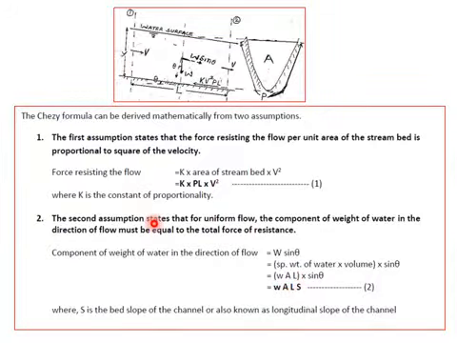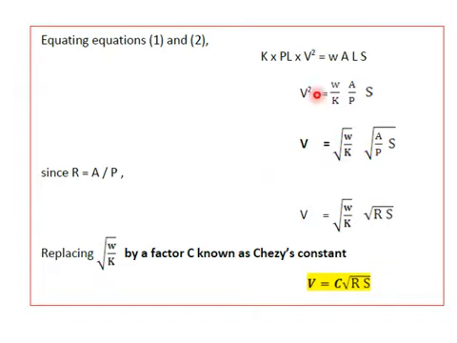Now according to the second assumption, the component of weight of water should be equal to the force resisting the flow. So equating these two equations, we get V square equal to W by K, A by L, and L cancels out, A by P S. So now V is equal to root of this entire term.